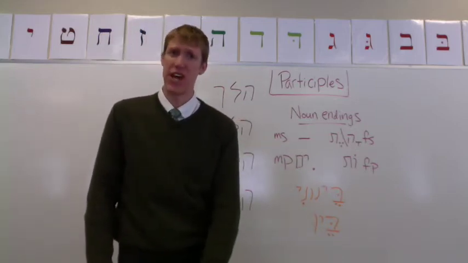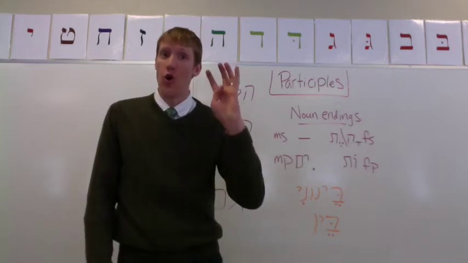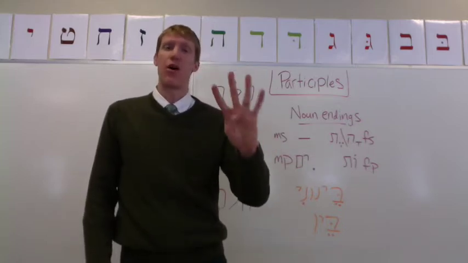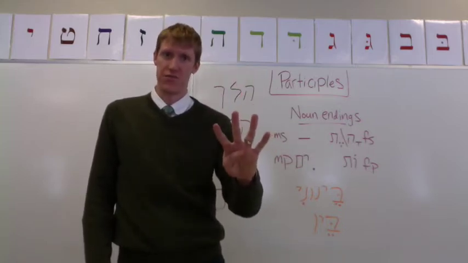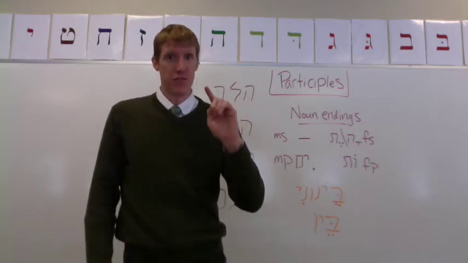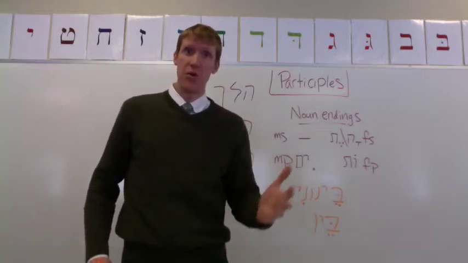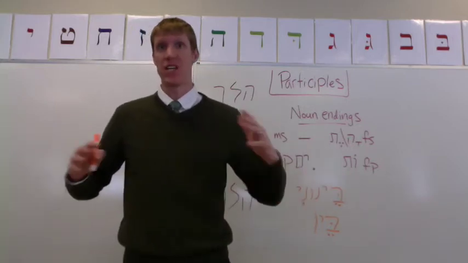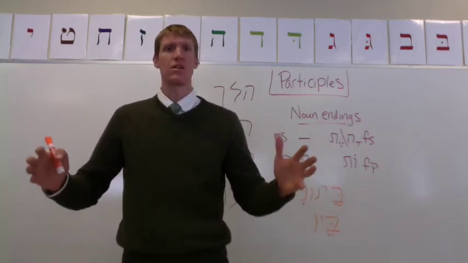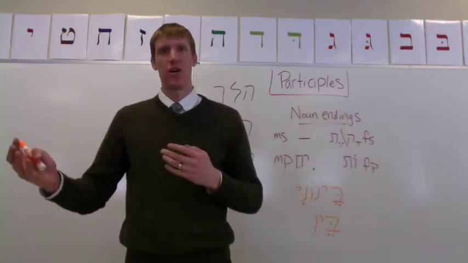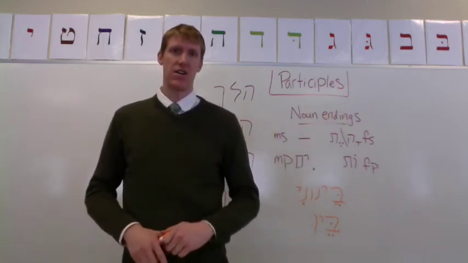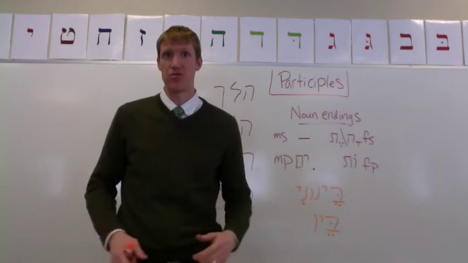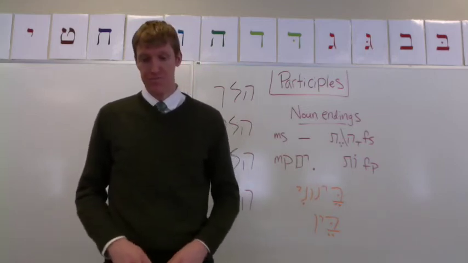The first implication of this is that there are only 4 possible participle forms. With verbs, like the imperfect and the perfect verbs, you have 10 possible forms in each stem, depending on which affix or which prefix is attached, right? Because there are 10 independent personal pronouns, 10 different forms.